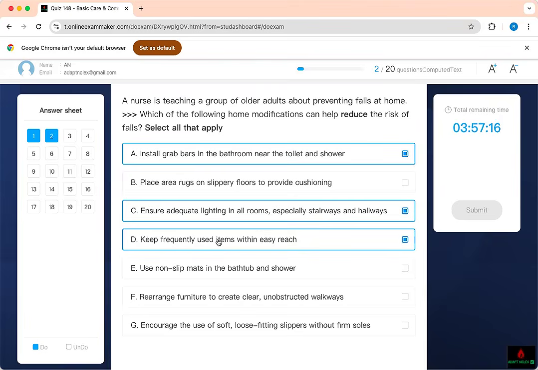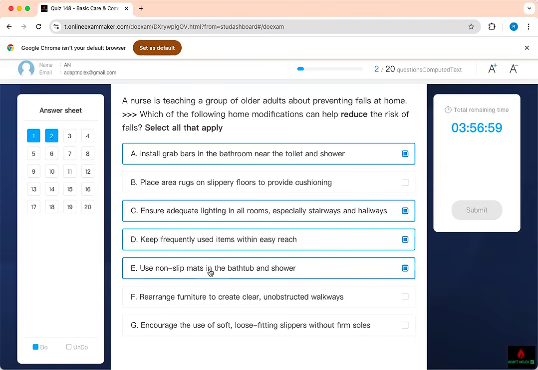Excellent. Use non-slip mats in the bathtub and the shower because that place is wet. If they're non-slip, you can step on them so that you don't fall. Rearrange furniture to create a clear, unobstructed pathway. It's the same thing as the lighting.